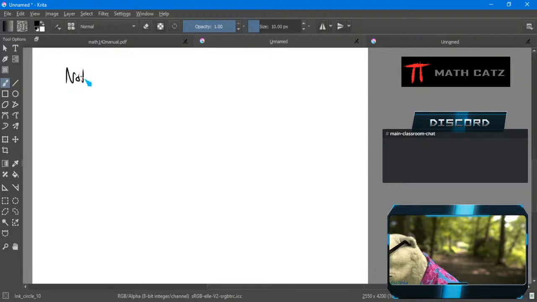So let's just note we have our standard form for our quadratic function, which looks like this. Now, in this case, don't be confused.